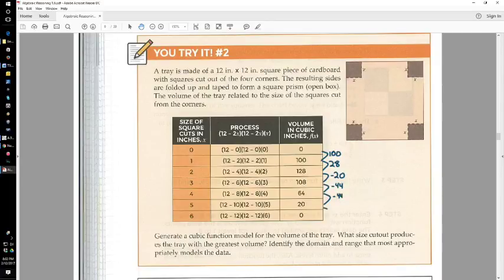And this would be negative 20. That makes me think I did something wrong somewhere. But maybe not. We'll go with it, see what happens.